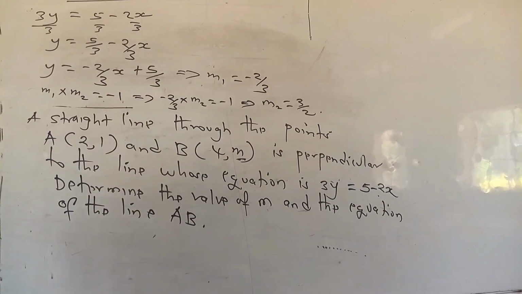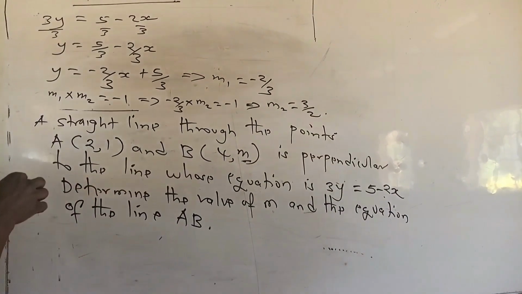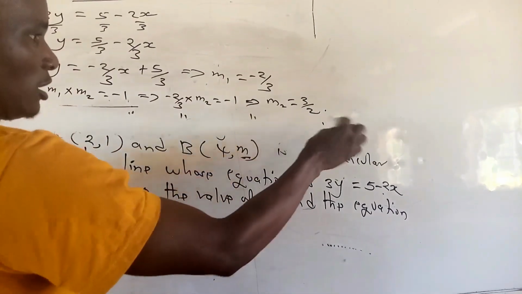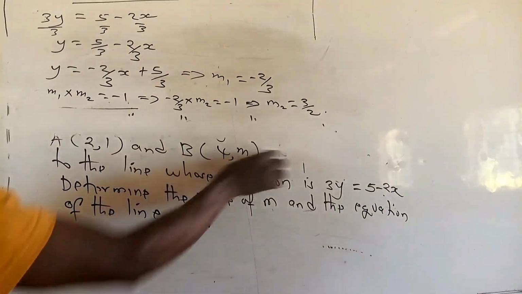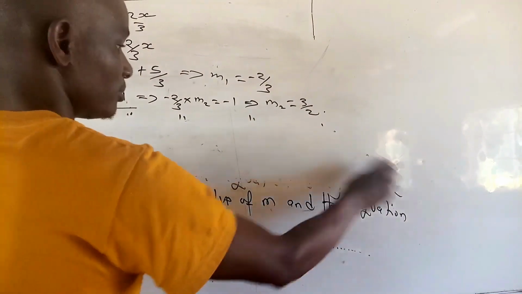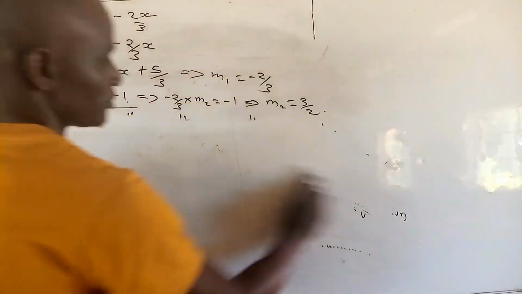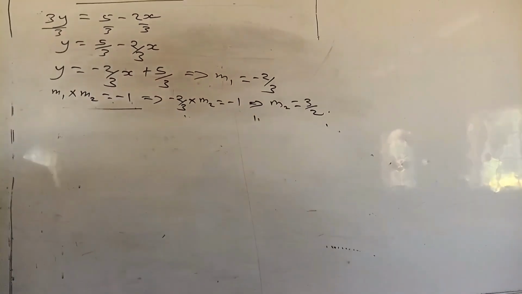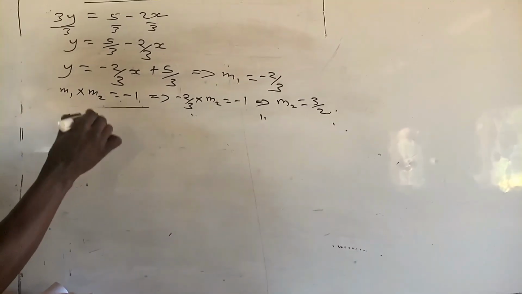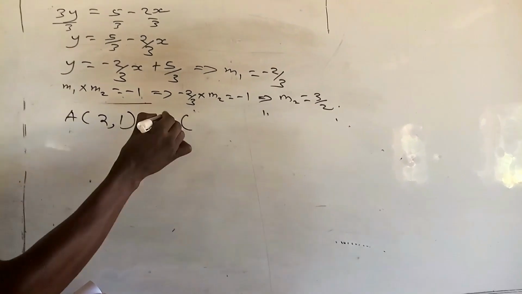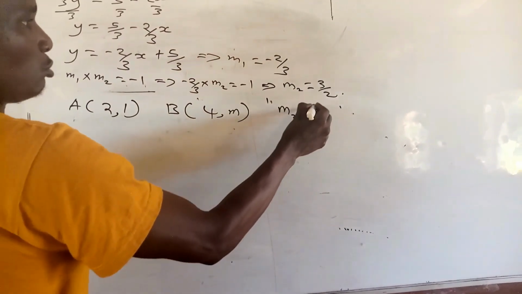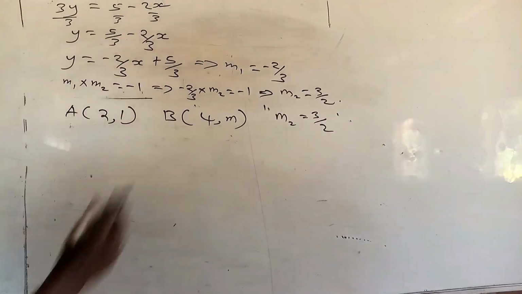Then I want us to get the value of m. We are supposed to get the value of m from the equation. From the points that we are given, A as (2, 1) and B as (4, m), and the gradient m2 which we have got to be 3 over 2, I can go ahead and get the value of m.